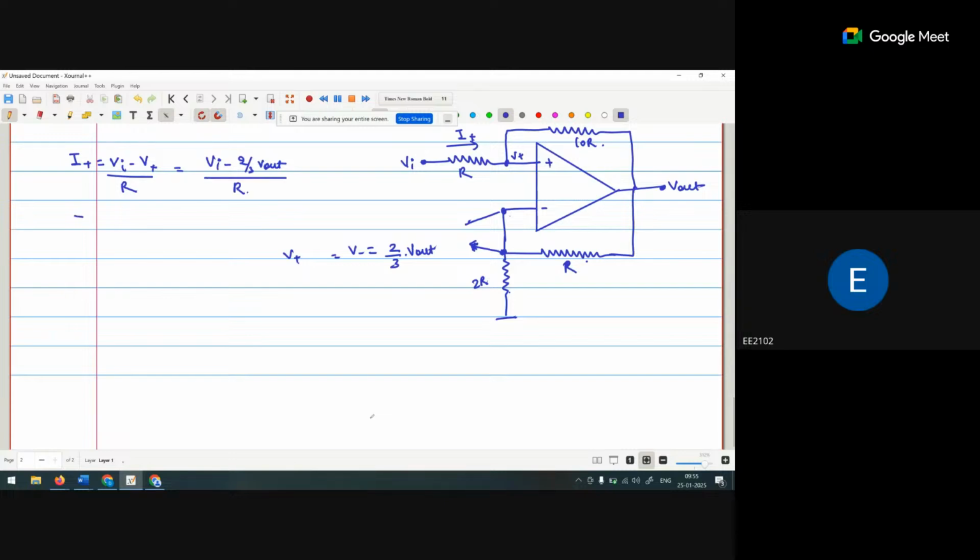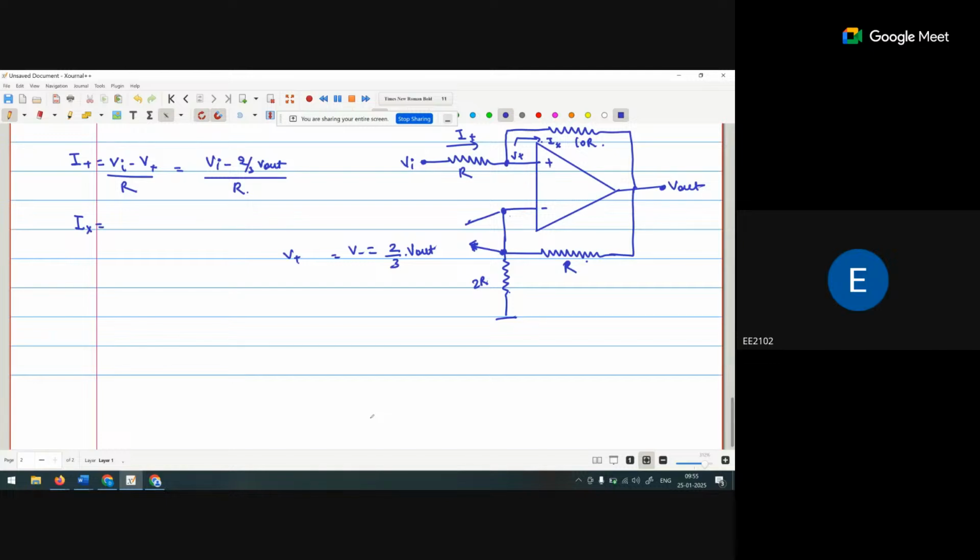And the same current that is flowing from this one also. So the current, I just say that Ix.